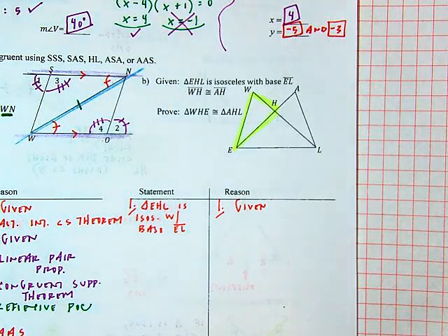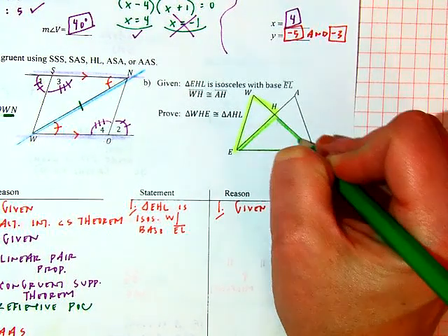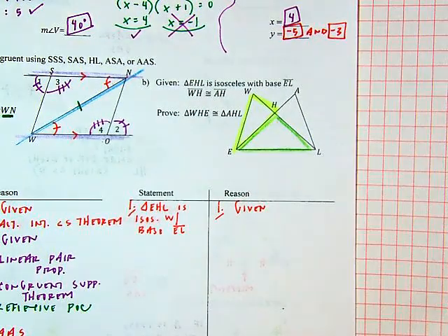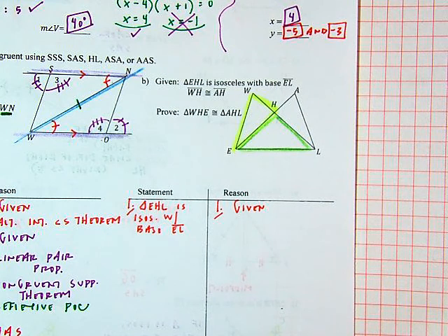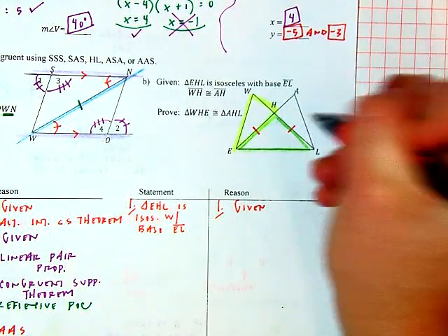All right, so if this is isosceles right here, where is that going to lead me? Do I want to use the congruent sides or the congruent angles? What's going to help me connect to that yellow triangle? Well, the sides. The sides are going to help me, not the angles here. So I can say then that this side is congruent to this side.